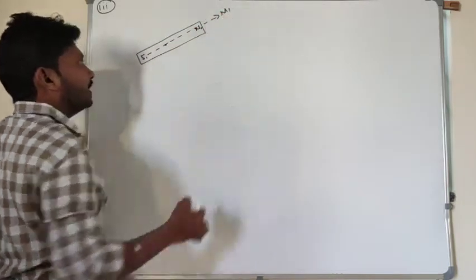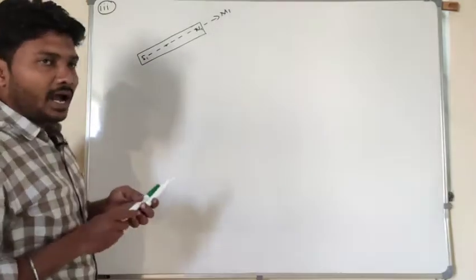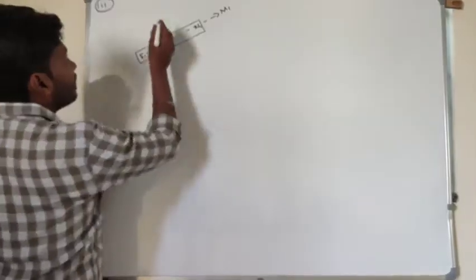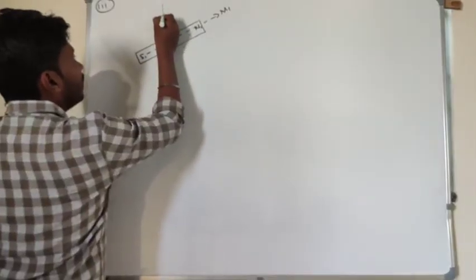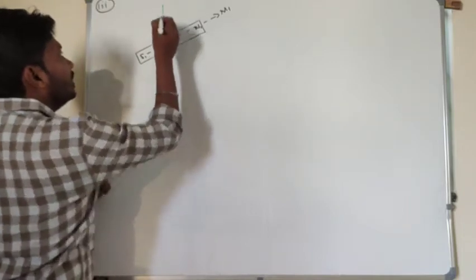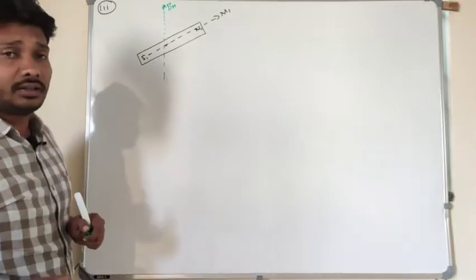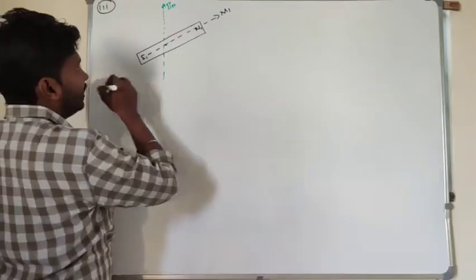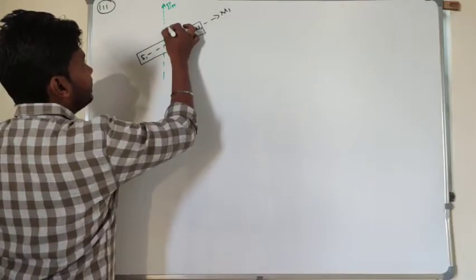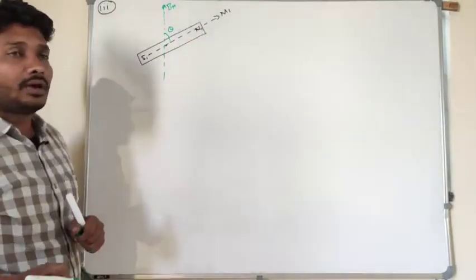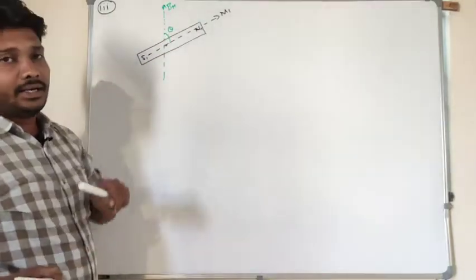It has magnetic moment M1 and is placed in earth's magnetic field, where B of H is the horizontal component of earth's magnetic field, right? Then it makes an angle theta with the horizontal component of earth's magnetic field and the magnetic meridian.